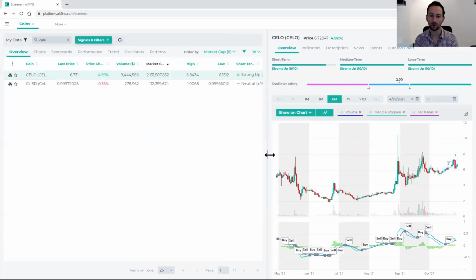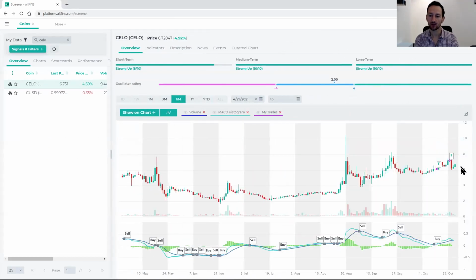What we don't want is to get involved in a trade that has a MACD buy signal but is right below the resistance level. I know I'm getting a signal here, but I'm so close to the resistance level where I've seen multiple times the price has gotten rejected. That signal I would have probably passed on.